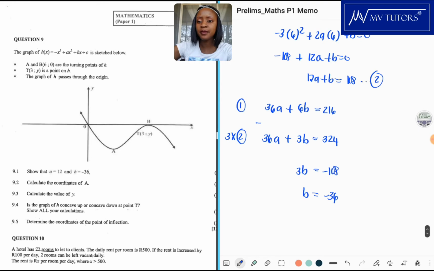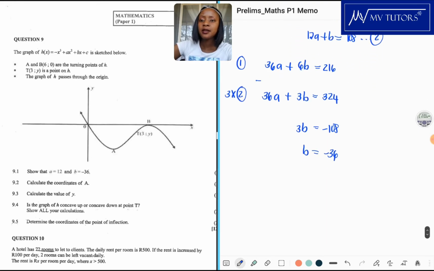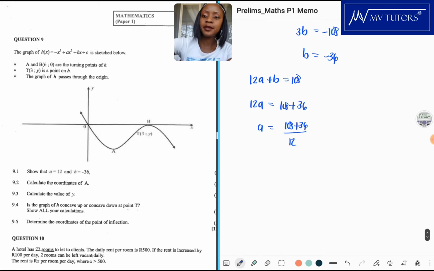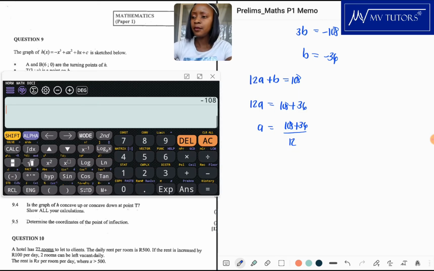Now we can use either equation. So I'm just going to say 12a plus b is 108. So 12a is 108 plus 36. A is equal to 108 plus 36 divided by 12.